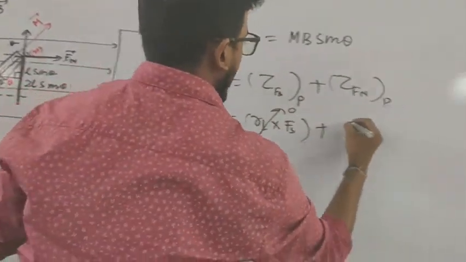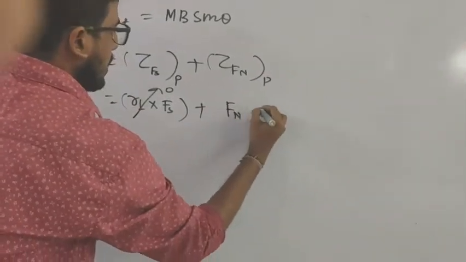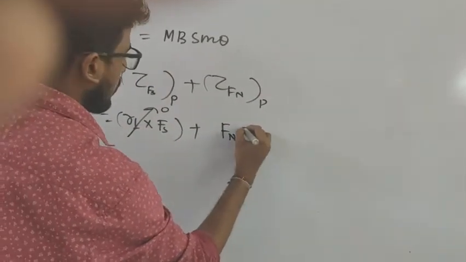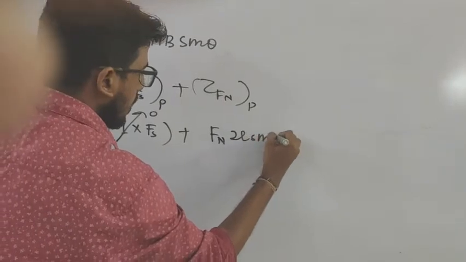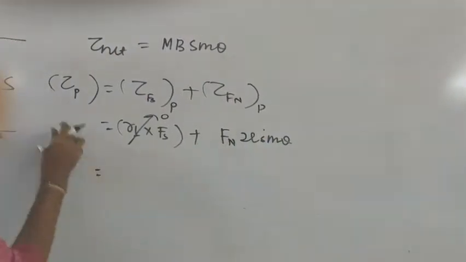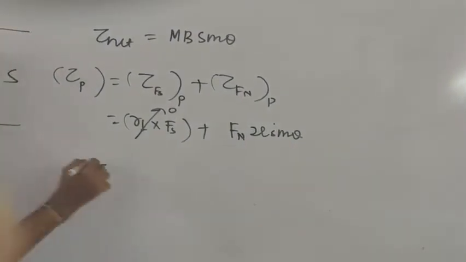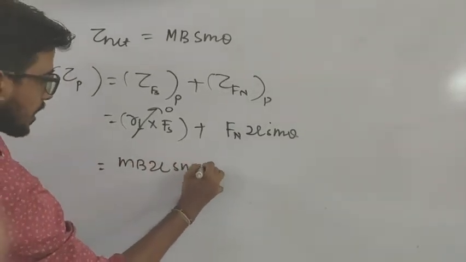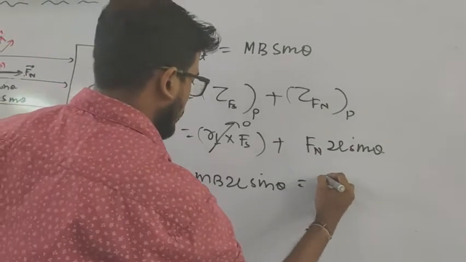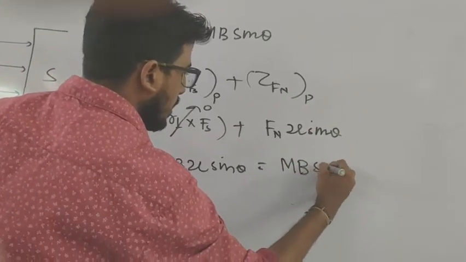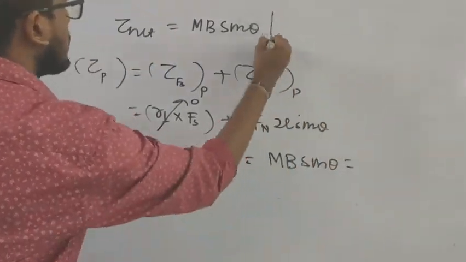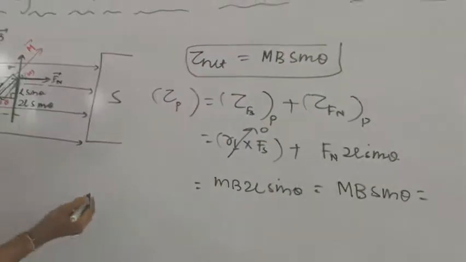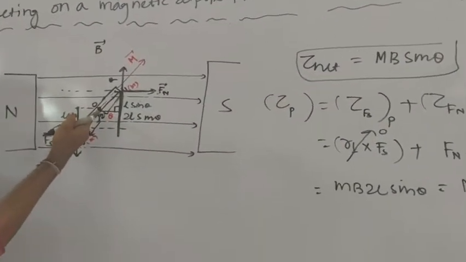So Fn into R perpendicular is 2L sin theta, and Fn is MB. So it will be MB into 2L sin theta, which can be written as capital M B sin theta, which is the same as the result we got in the previous case when we calculated the torque about point O.